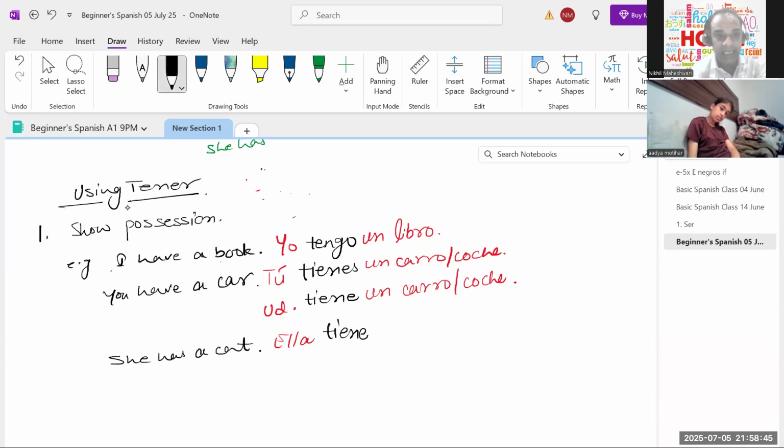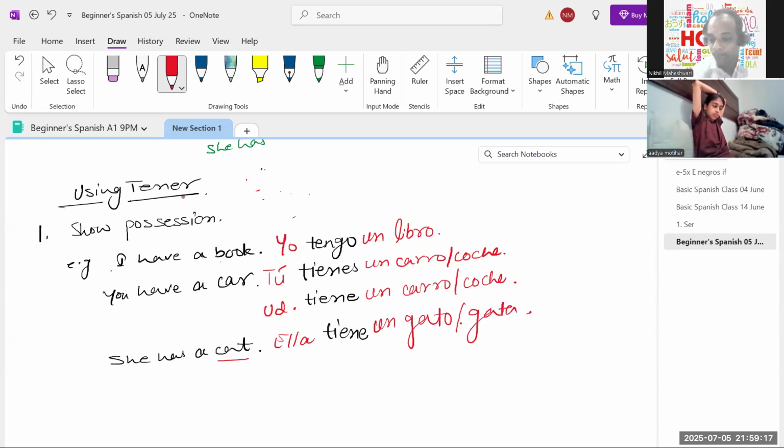Ella tiene un gato or gata. It depends if the cat is a male cat or a female cat. So if it's a male cat, then it would be ella tiene un gato. If it's a female cat, then it would be ella tiene una gata.